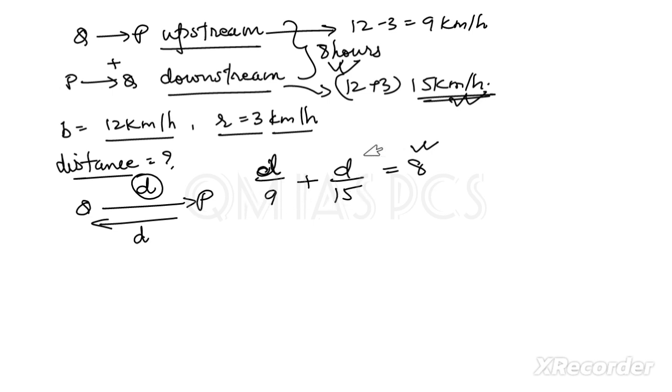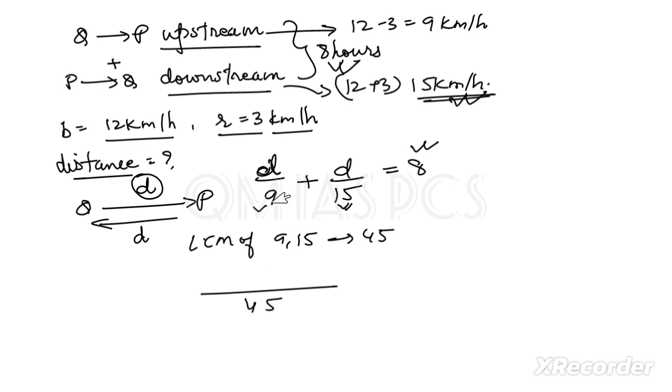Now it's your turn. How to solve this one? We have to take the LCM of 9 and 15. Now tell me, what is the LCM of 9 and 15? It is 45. So here we will write 45. 45 divided by 9 is 5, so 5d, plus 45 divided by 15 is 3, so 3d, and that is equal to 8.